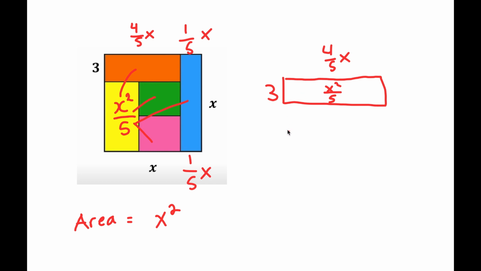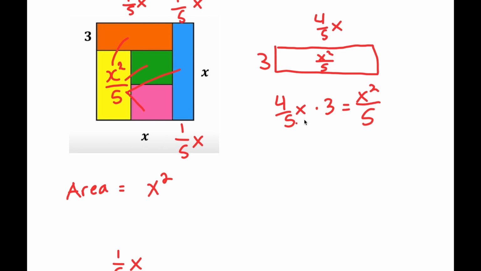So the total area of this is 4 over 5x times 3, which is equal to x squared over 5. Now 4 over 5x times 3 is 12 over 5x, which is equal to x squared over 5.